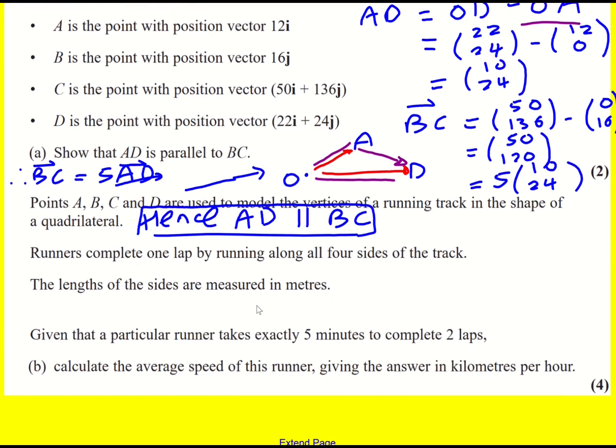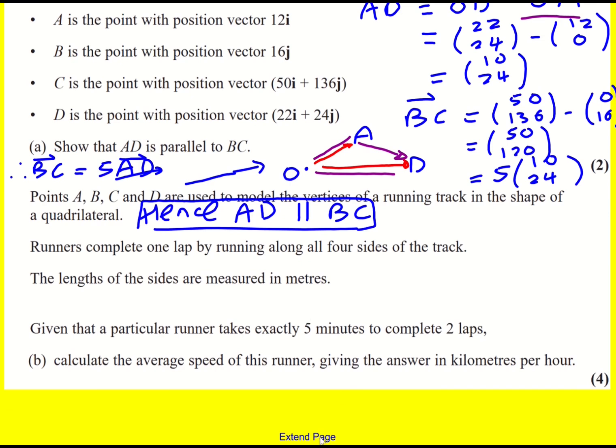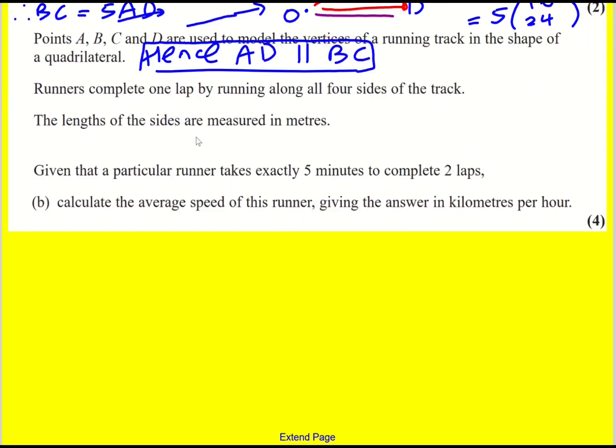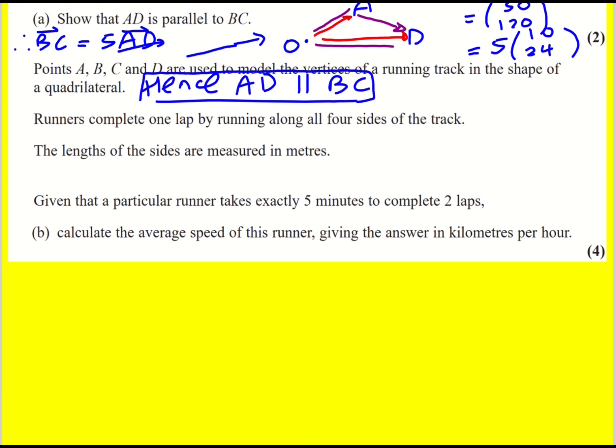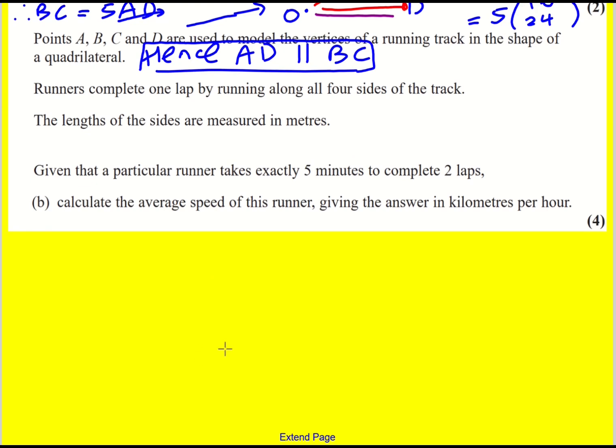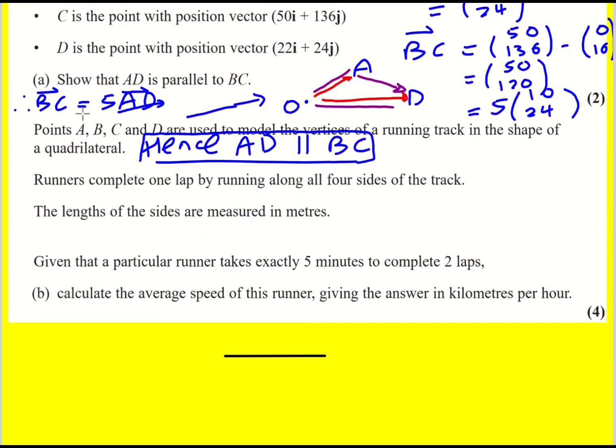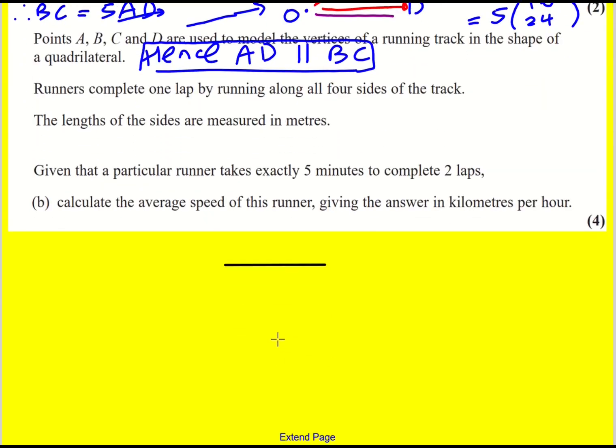We're now told that A, B, C, D are used to model the vertices of a running track in the shape of a quadrilateral, and runners complete one lap by running along all four sides. The lengths are measured in meters, and a runner takes 5 minutes to complete 2 laps. Let's calculate their average speed. We've just shown that AD is a fifth of BC.